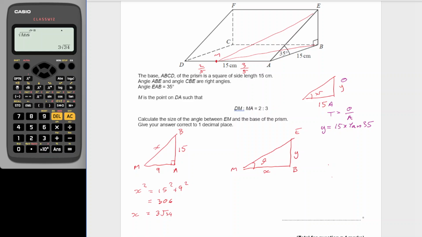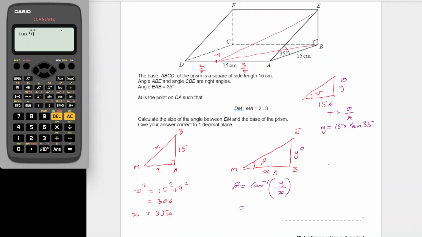And back here, it's the tan ratio again, isn't it? The size of EM with the base. So again, we're using the tan ratio. The angle is going to be equal to tan to the minus 1 of opposite over adjacent. And that's the point that I'm going to go to my calculator and type in a nasty sum.